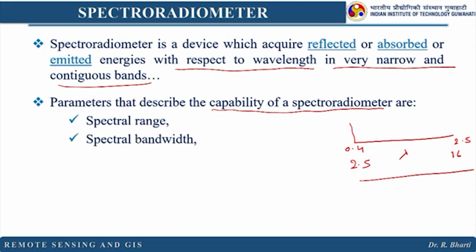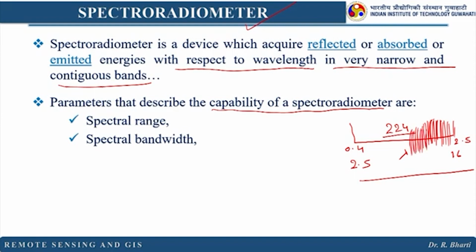Next is spectral bandwidth. What is the spectral bandwidth? Let us assume you have 224 bands, located very close to each other. There won't be any gap, and only then will it be a spectroradiometer.